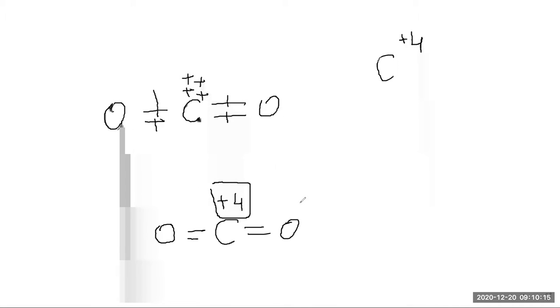Accordingly, the oxidation state of oxygen will be -2 here and -2 here. And this is normal. If we take some molecule and add all oxidation states of all atoms, we get 0, because the number of electrons withdrawn is always equal to the number of electrons donated.